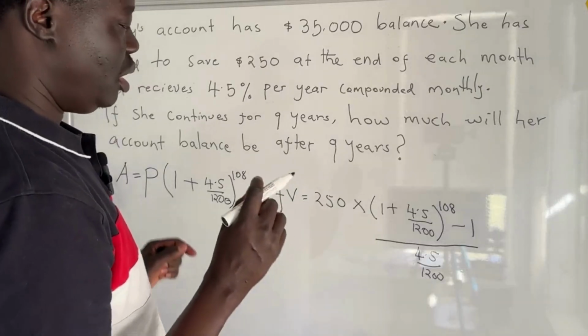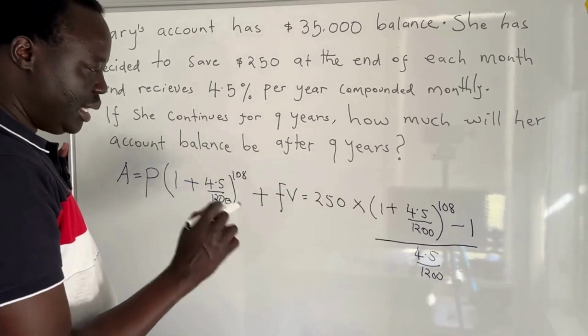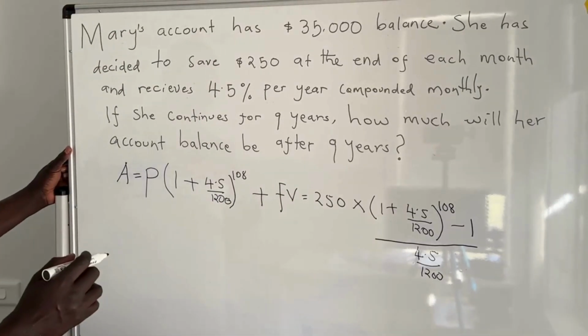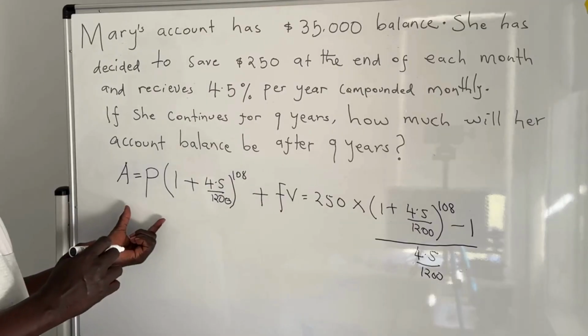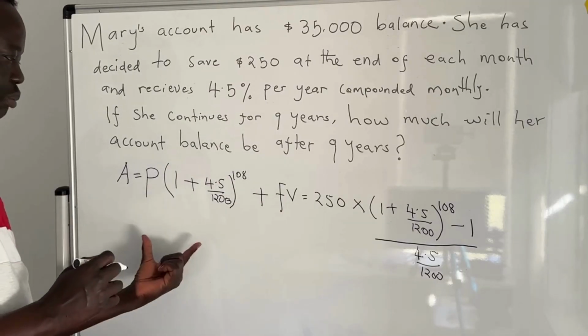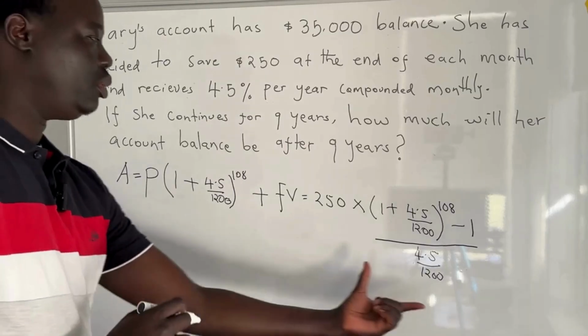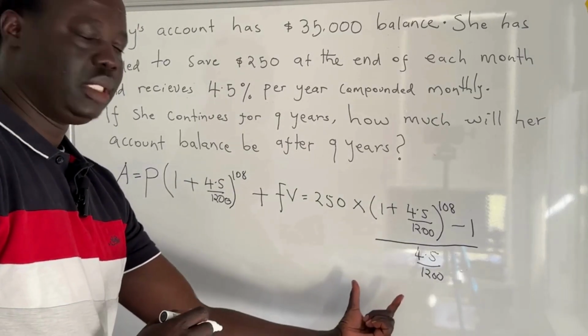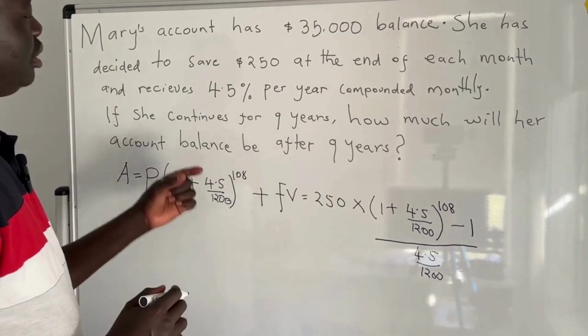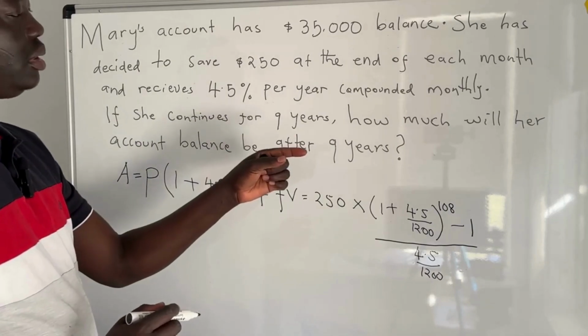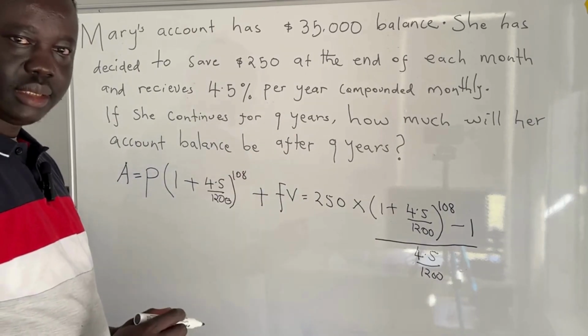So looking at this, now we are going to calculate this part plus what we'll get from this part, and then we will see how much she will have in her account after 9 years.